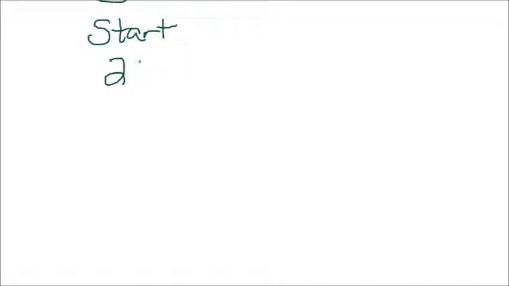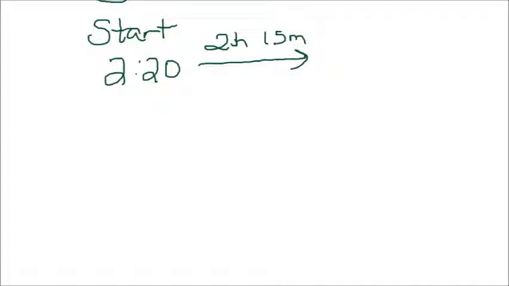Okay, let's try another one. We're going to go again start with the start time. Okay, and we started at 2:20. It lasted for 2 hours and 15 minutes. Okay, so I need to know my end time.